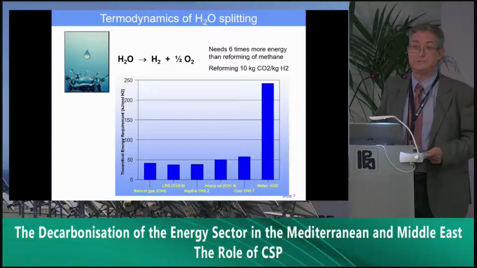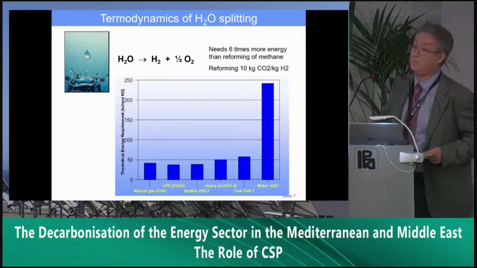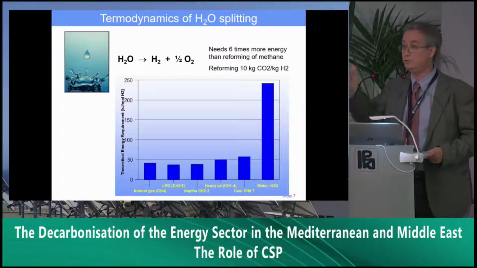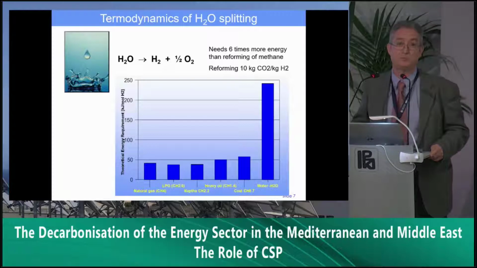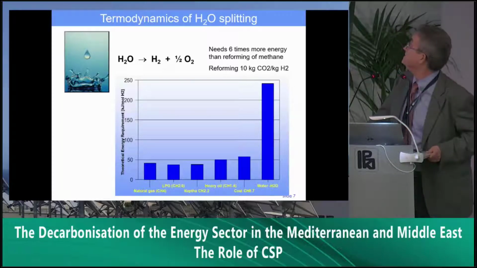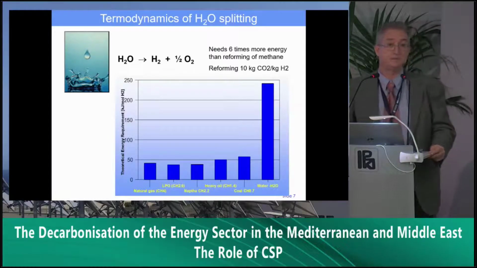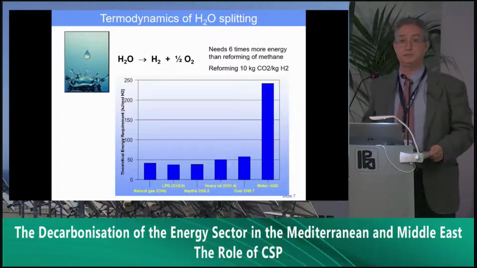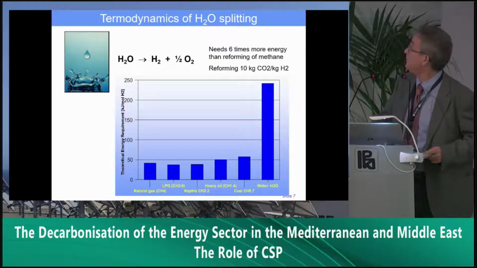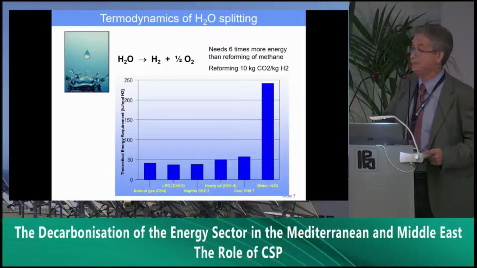So this means that, for example, in the case of reforming of methane, I suppose later on more expert people here will explain these processes, but in general, you need 6 times more energy to split the molecule of water than the energy that you need to split any other hydrocarbon-based bond.